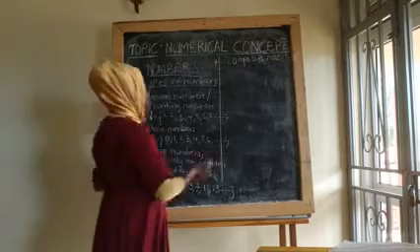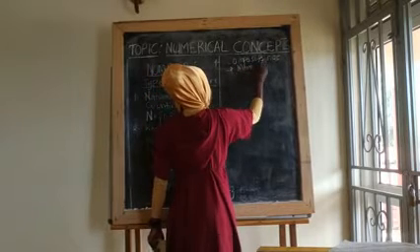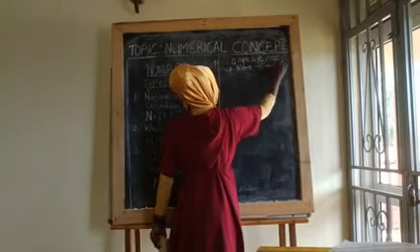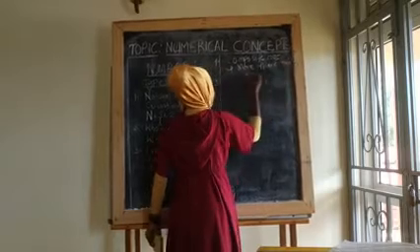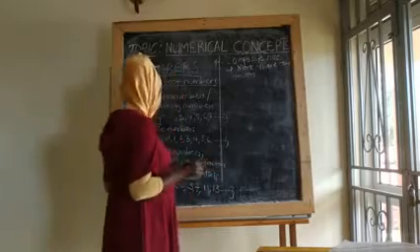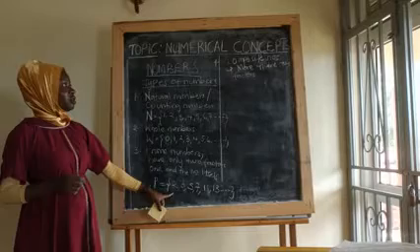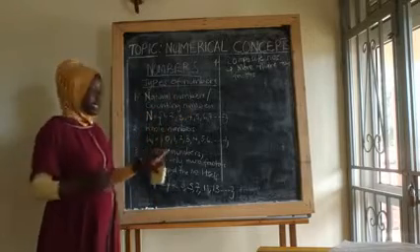Meaning that the composite numbers have more than 2 factors. So the numbers that were not in the set of prime numbers then qualify to be called composite numbers.